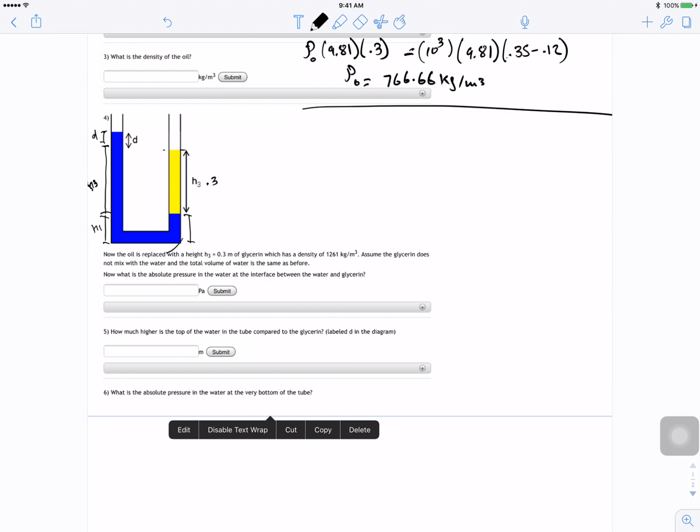So let me clarify. I gave this D, and then this is H3, and I call this H1. This is going to be the same as H1.